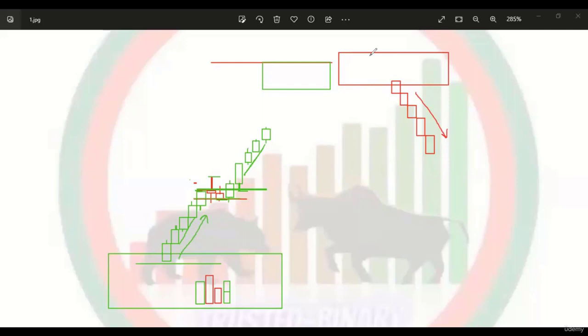Buyers show their weakness. So when buyers show weakness, that is the situation. Then we have to wait for another strong sign. If the market gives us another strong sign with high volume, that will lead the market in the downward direction.